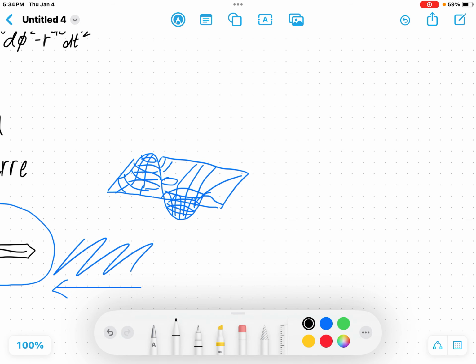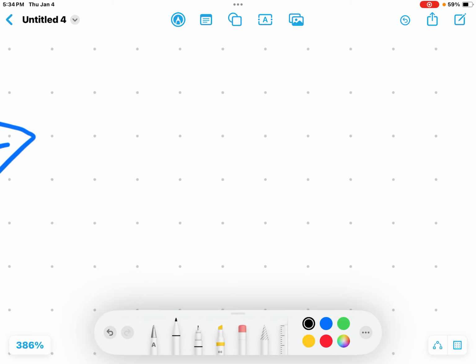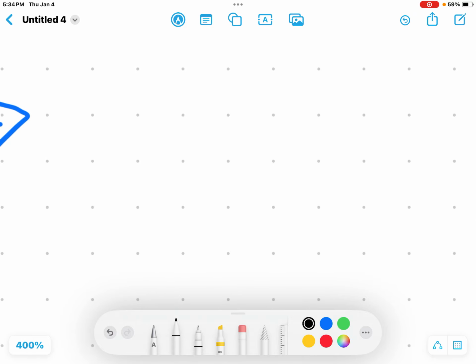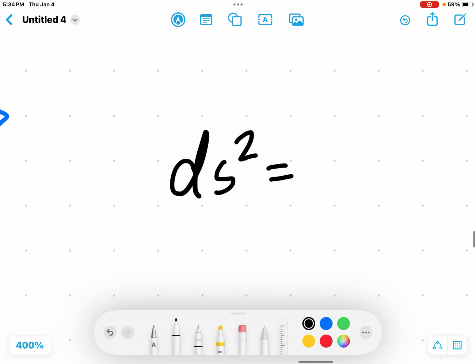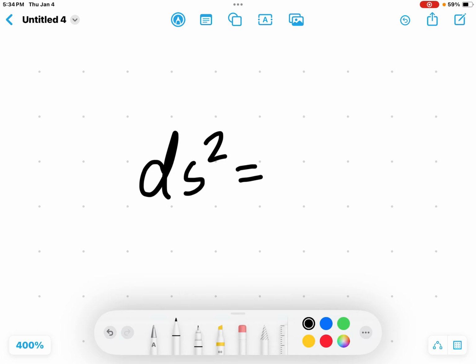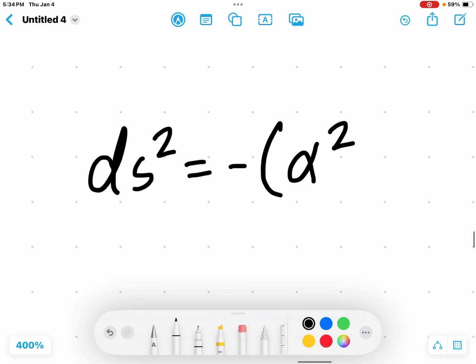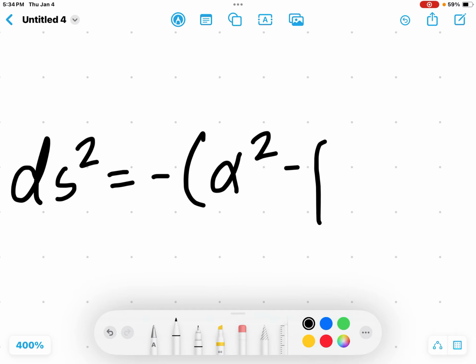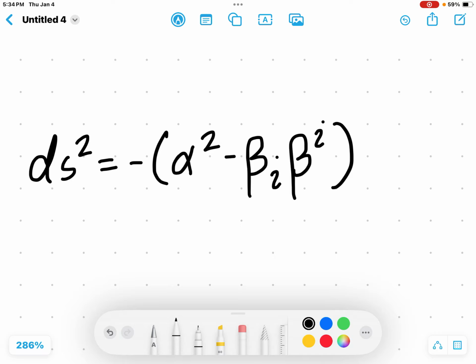So what is the actual metric? The line element is actually a bit long to express, but the general form is something like this. So ds squared. We're considering an ADM space-time given by this metric: alpha squared minus beta_i beta^i dt squared. I'm writing this in covariant form; these are components, okay?